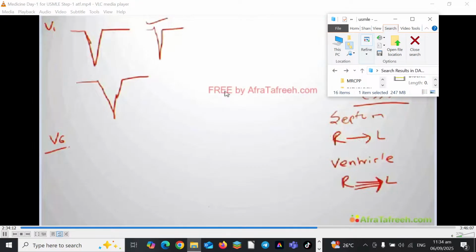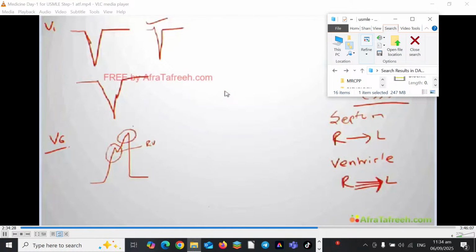So everything here should be a positive deflection. And this is how it looks. This is because of the septum. This small one here is because of maybe the RV, and then here is because of the left ventricular depolarization. So this M pattern in V6 is characteristic of left bundle branch block. Is it clear?